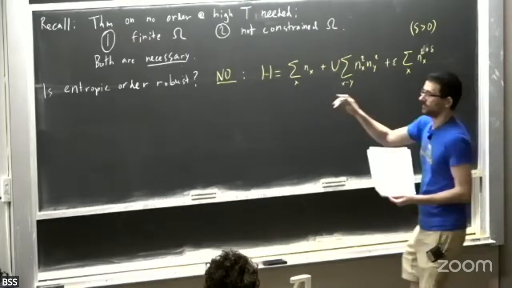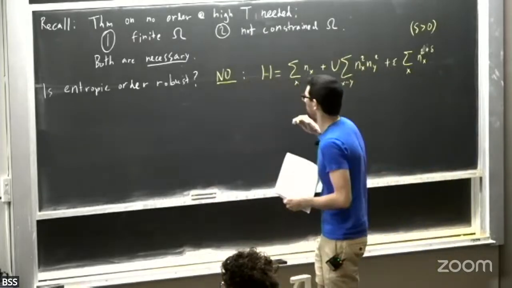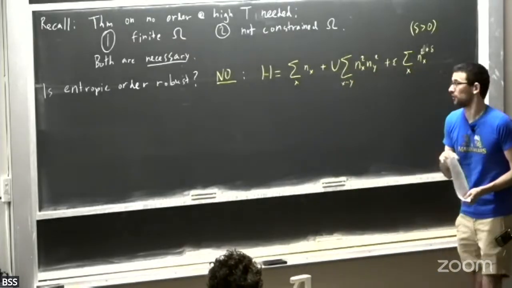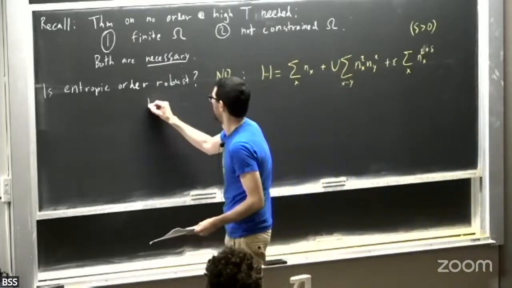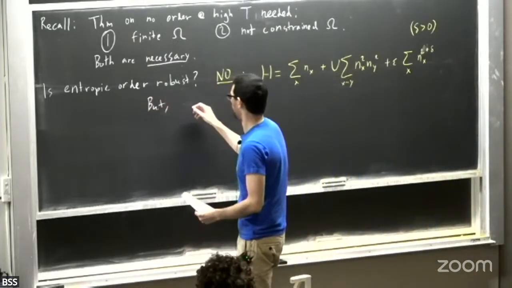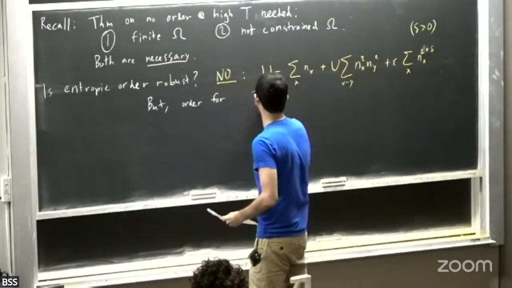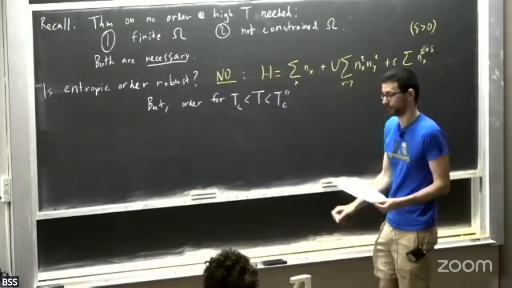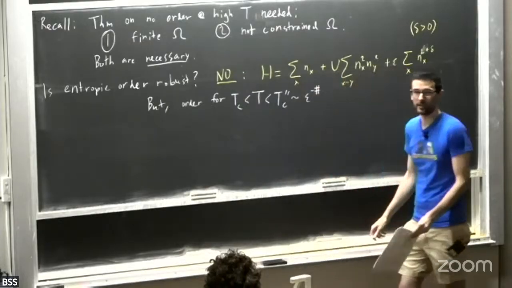But it's the same thing that we already discussed. This is analogous in some respects to capping the number of fluctuations at some large value k. In this example, we would still have order for, let's say, temperatures between our original TC and some new TC double prime, which scales as epsilon to some negative power.